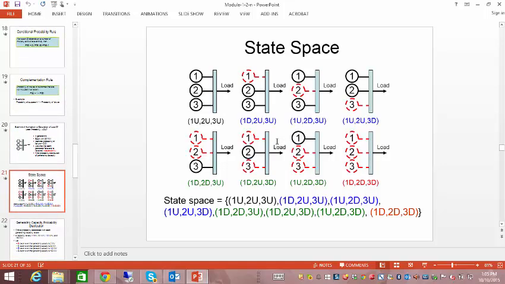Now, if you draw the state space for these three generators, you have 8 states which are possible. You may have all the generators up. You may have one generator down, or generator number 2 down, 3 down, a combination of 2 down, and all the 3 down. So all the states are enumerated over here.